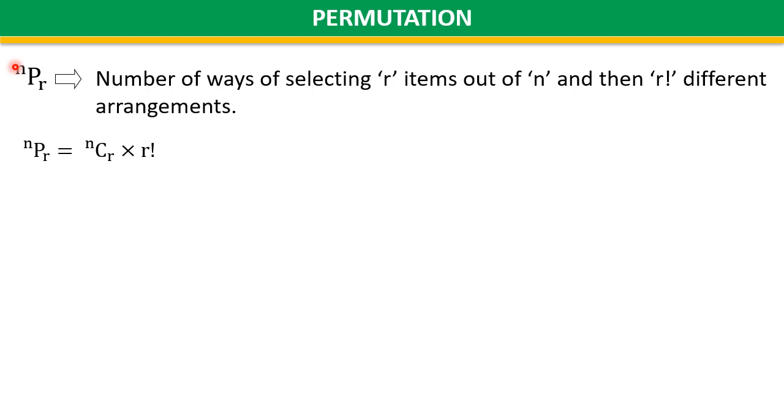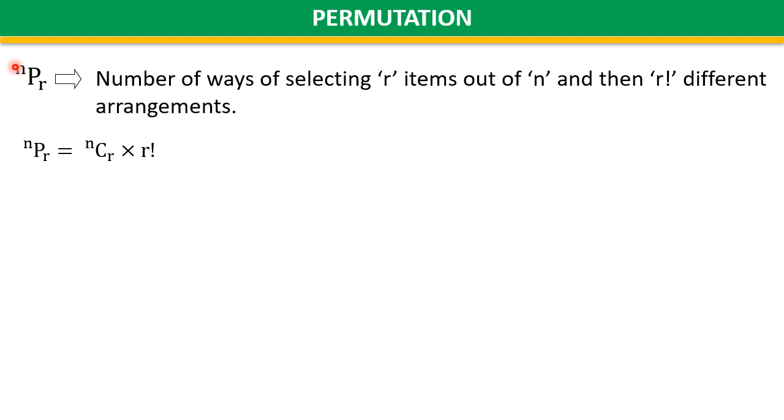So I will say that permutation is an extension of combination. In combination, we are only restricted to selection of r items out of n items. But here, after selecting those r items out of n items, we are doing r factorial different arrangements also.